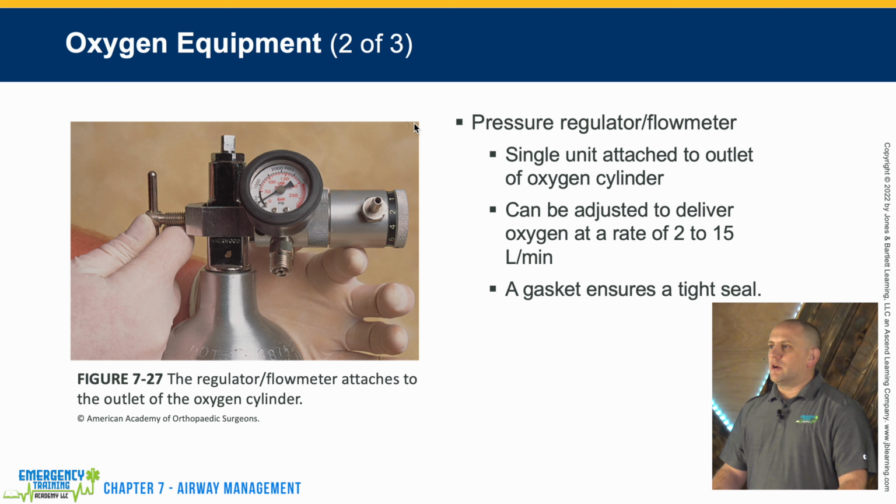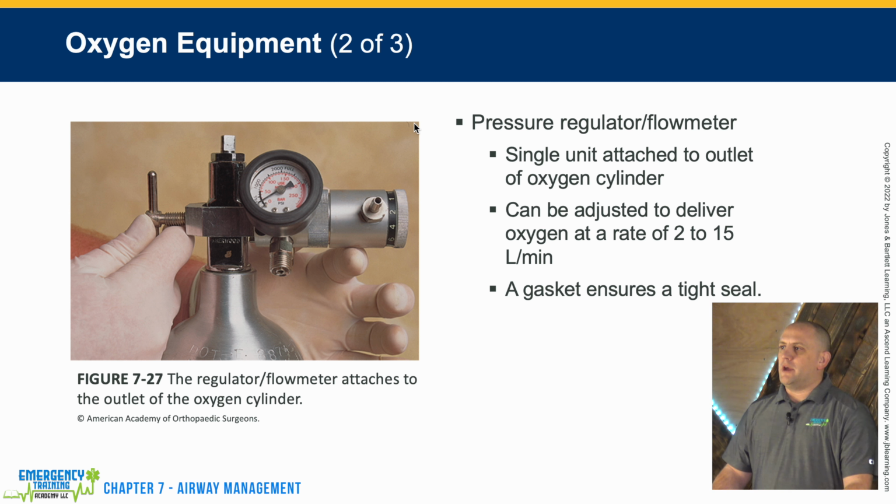Each cylinder is going to have a pressure regulator on it. As you're checking your equipment, you want to make sure that that is seated correctly. Most of these flow meters will be able to regulate the oxygen flow from anywhere from 2 to 15 liters per minute. There are some flow meters out there that will do even quarter and half liter per minute, which we will use for our infants.